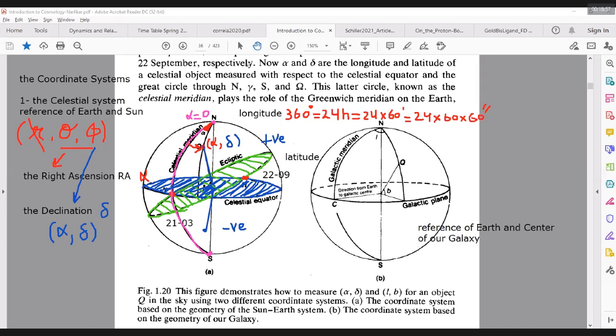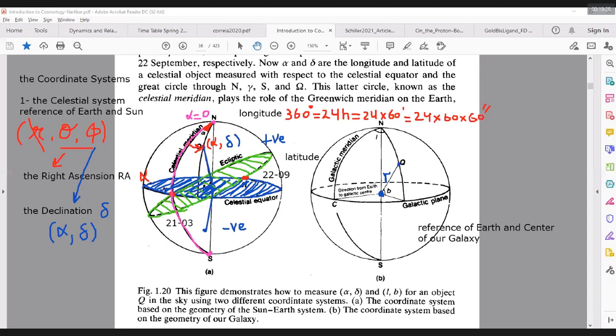Where is the center of galaxy? In this case, it's there. Once again, you consider a sphere about the center with the radius. As you can see, the distance of the object at location Q, this is the radius, that is the distance.